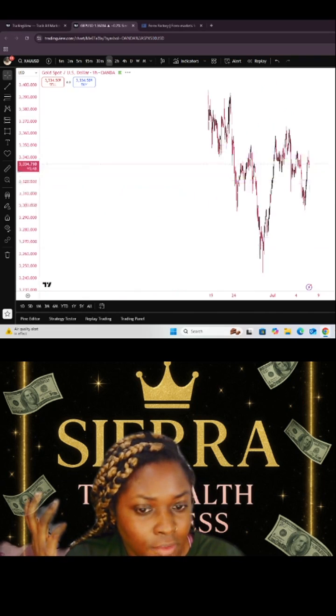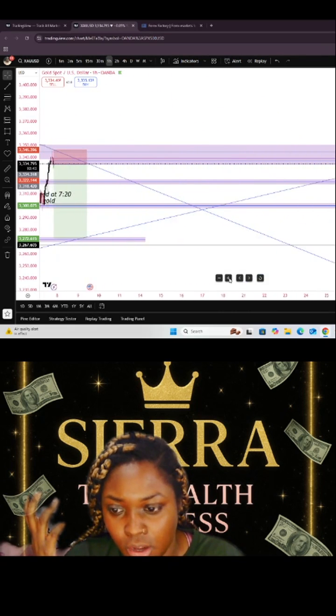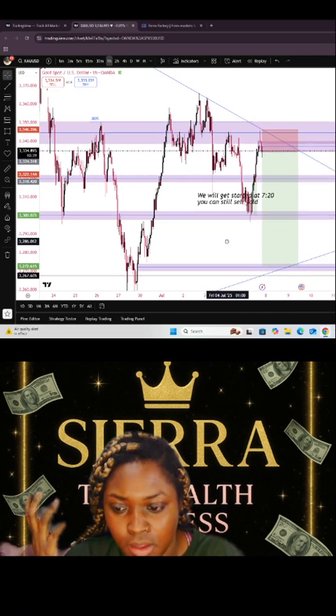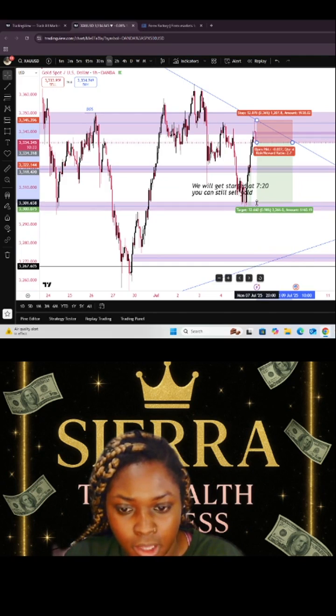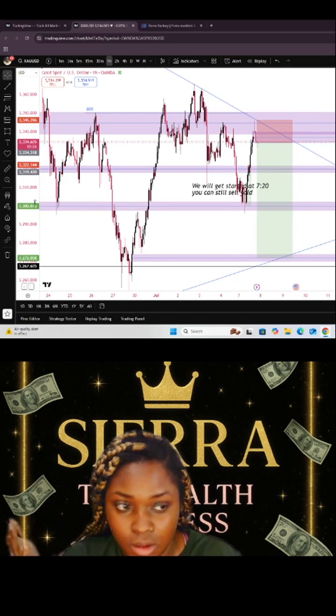So if I go to gold, I'm currently in this gold sell. And I'm looking for it to come to this zone here, okay? Or I could look for it to come to this zone or this zone, but because of what I know with Fibonacci, I'm looking for it to come to this zone, okay?